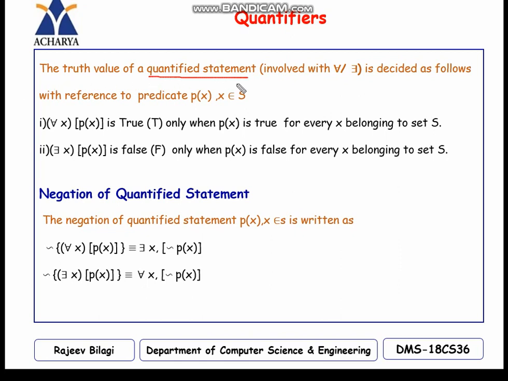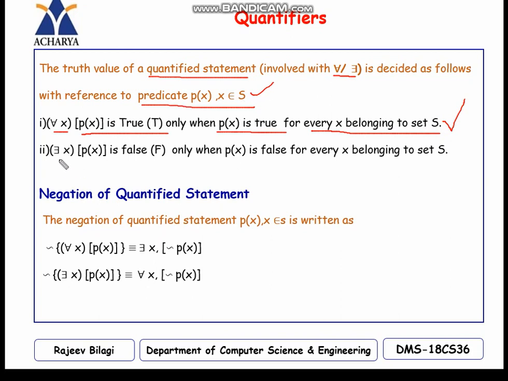The truth value of a quantified statement, which involves either for all or for some, is decided as follows with reference to this open statement, that is predicate P of x, where x belongs to S. For all x, P of x is true only when P of x is true for all the values of x that belong to S. So P of x becomes true if it is true for each and every value of x present in S. Even if it is false for one particular statement, then P of x is false.